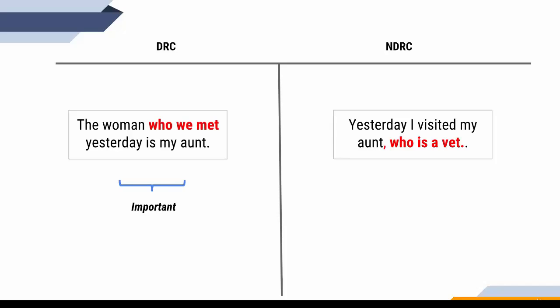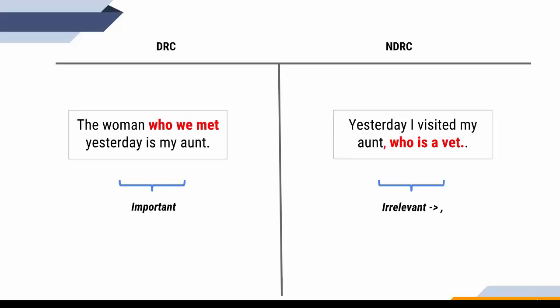The other sentence: Yesterday I visited my aunt, who is a vet. Well, this time, who is a vet, there is a comma in front. And when there is a comma, it means that you are using a non-defining relative clause. Or in other words, you say that this information is not important for the general understanding of the sentence.